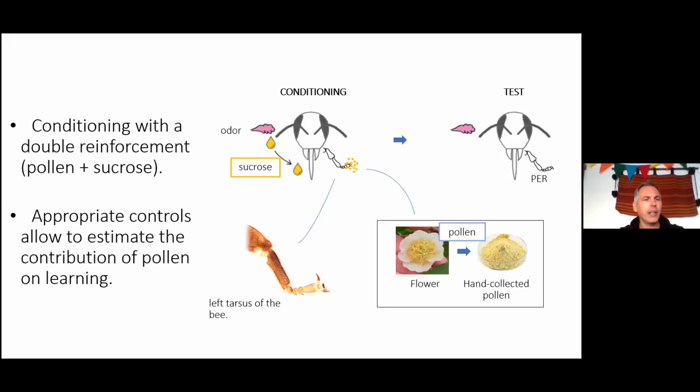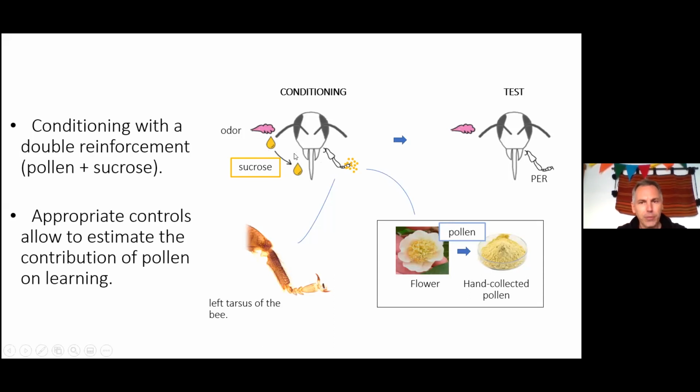So in the laboratory, we developed an alternative procedure that we called the double reinforcement, in which we condition the bee using simultaneously sucrose solution applied on the antennae of the bee, and pollen, normally hand-collected pollen, on the left tarsus of the bee.